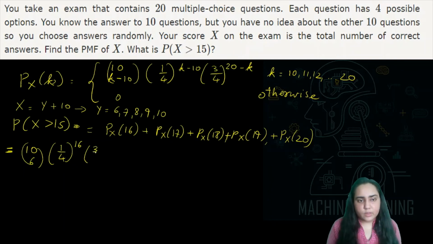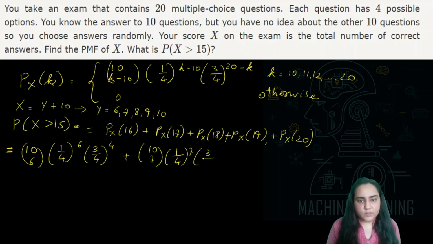So 3 by 4 raised to 4. So it works out quite well. This is what you have. Okay. Sorry, this one is 6 actually. So this is 6. I might as well just erase it for you. Okay. So this is 6. And for the next term, we have 10 choose k minus 10, which is 7, and 1 by 4 raised to 7.